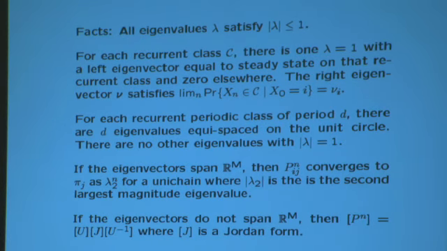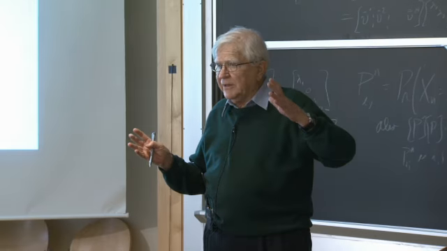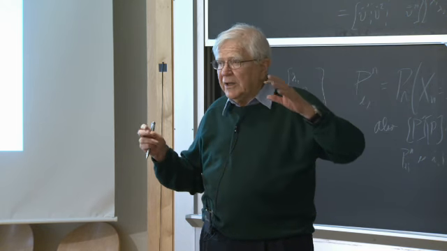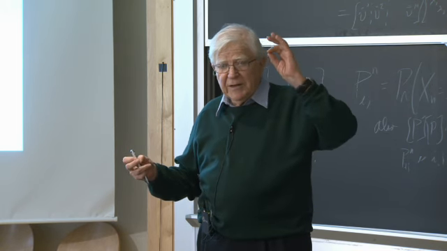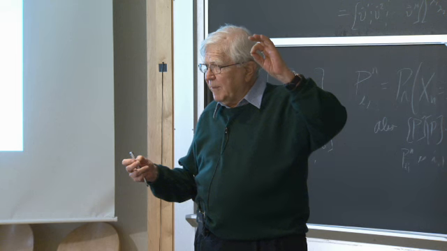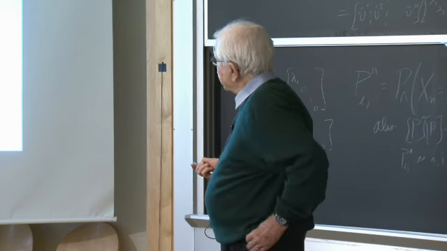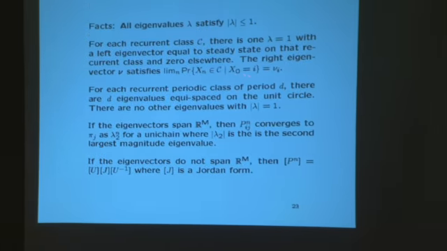In other words, if you have a Markov chain which has several recurrent classes, and you want to find out what the probability is, starting in a transient state, of going to one of those classes, this is what tells you that answer.